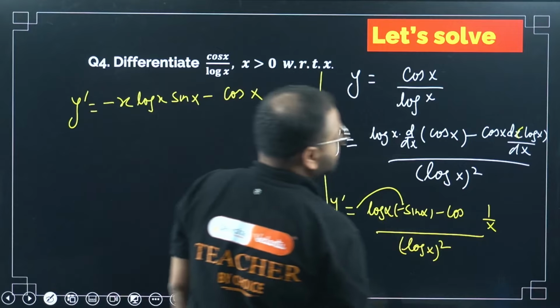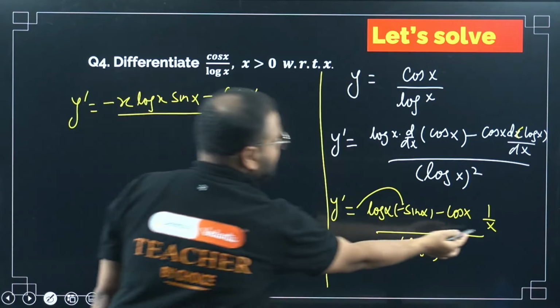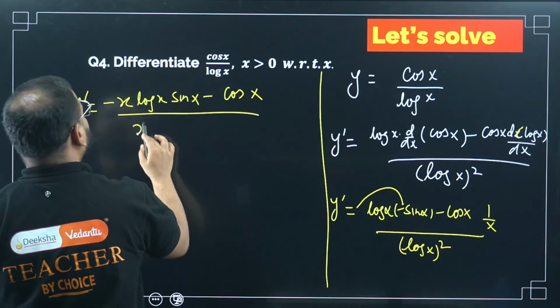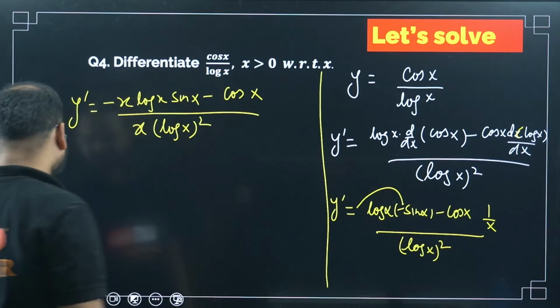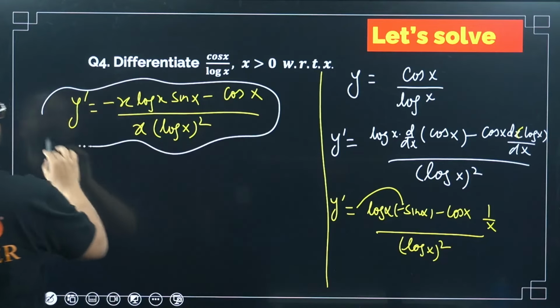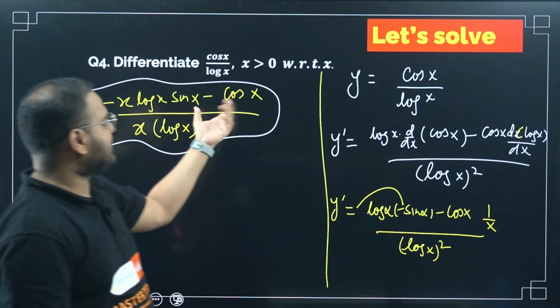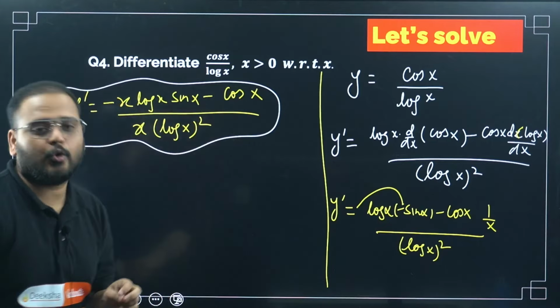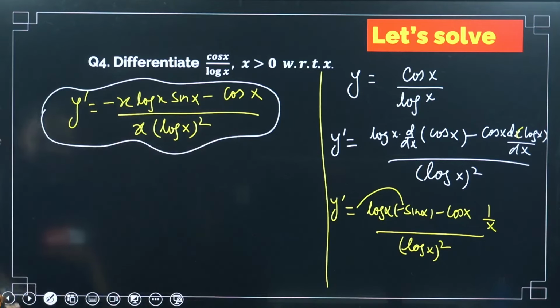So cos x divided by, I will have this x in the denominator, so I can simply take it here. That's your final answer. Y dash equals minus x log x sin x minus cos x upon x log x the whole square. Simple? Yes, sir. Very simple.